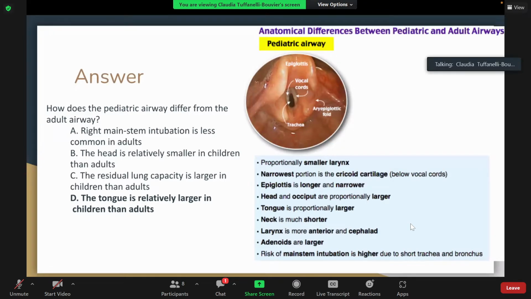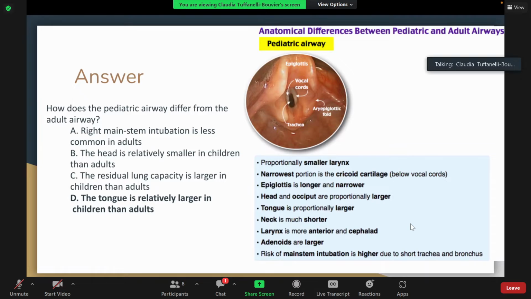The head and occiput are proportionally larger. The tongue is larger, like we talked about. The neck is shorter. The larynx is more anterior and cephalad, and the adenoids are larger. You have a high risk of right mainstem intubation because everything is so short. People tend to just kind of go through.